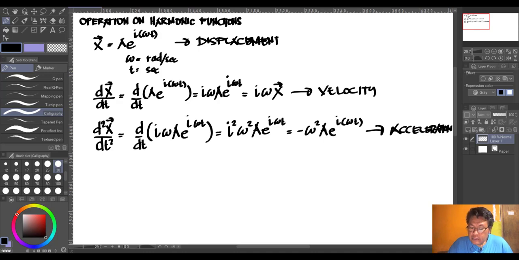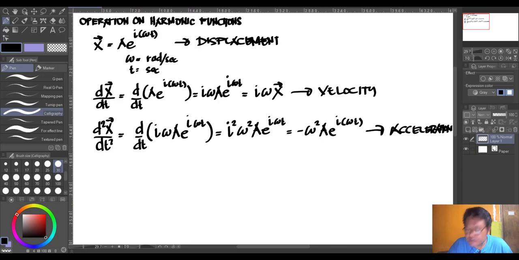Now my displacement, velocity, and acceleration can be used to determine the real part of the displacement, velocity, and acceleration.